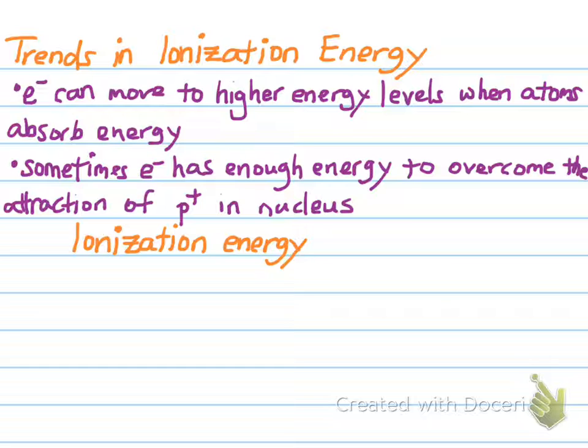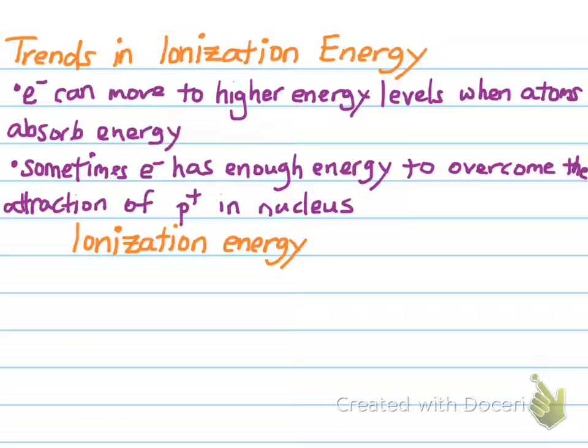Right? Because remember from yesterday, ionization energy, we're talking about an atom losing an electron. And that happens sometimes because an atom absorbs enough energy to provide that electron with what it needs to overcome that force of attraction of the protons in the nucleus, and basically that atom's going to lose that electron.